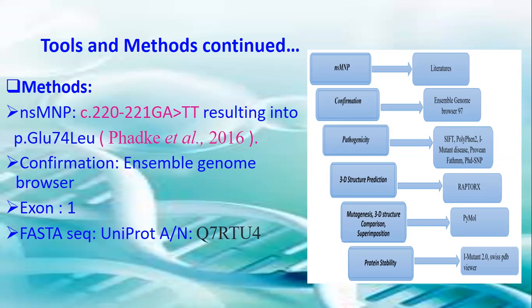In our mutation, there's a change in the 220 and 221 locations. The first nucleotides were G and A. G and A changed to TT, meaning an insertion and deletion: TT inserted and GA deleted.